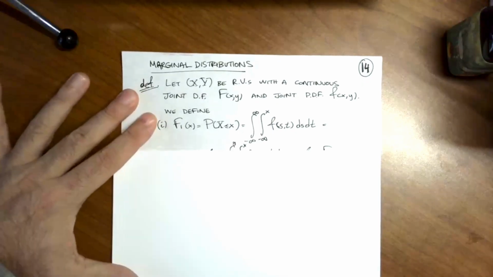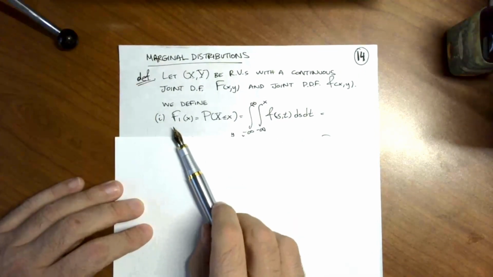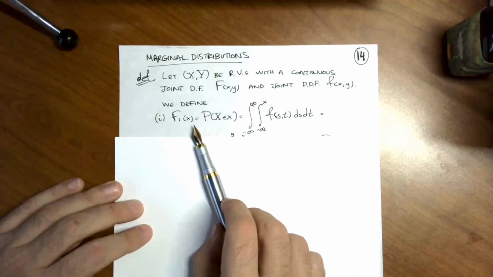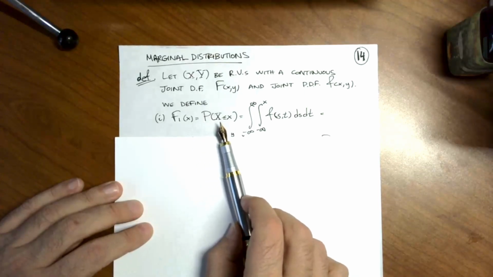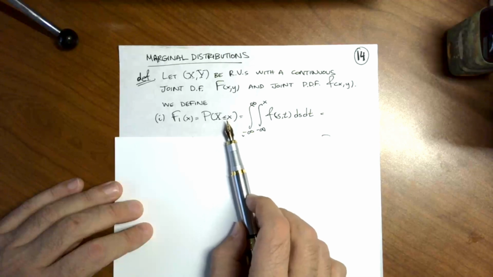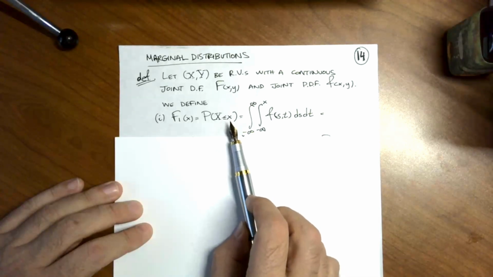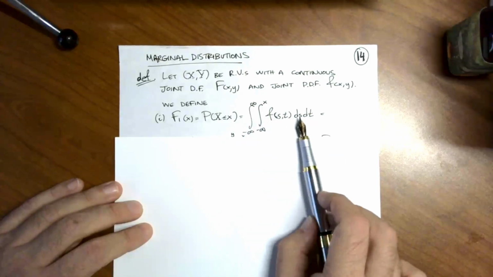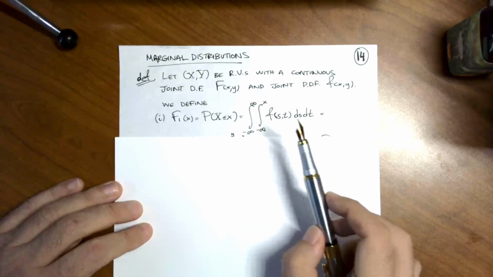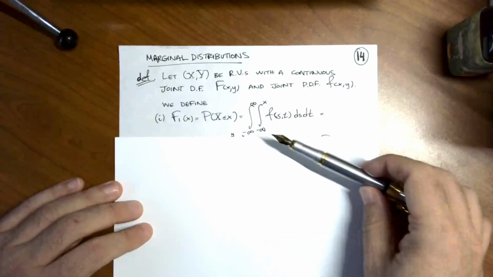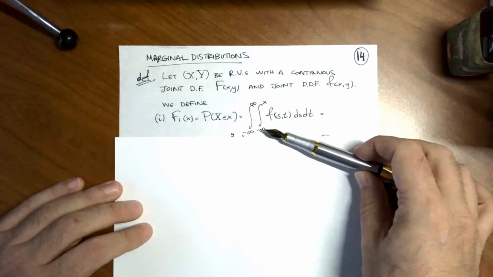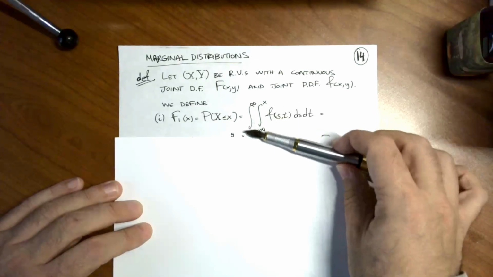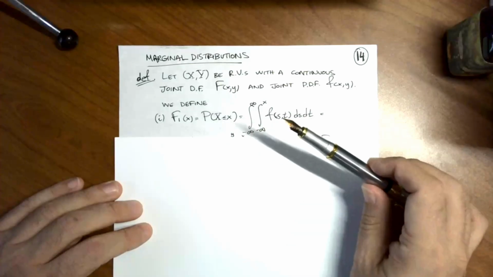We are going to define a function, capital F subscript 1, signifying the probability that your random variable takes a value less than or equal to a specific value x. It is equal to the double integral of the joint PDF, where the difference is that we only constrain x in the upper limit of the inner integral, and we do not constrain y at all.